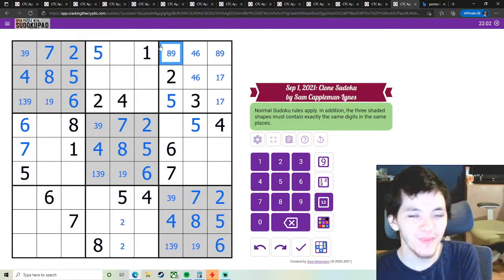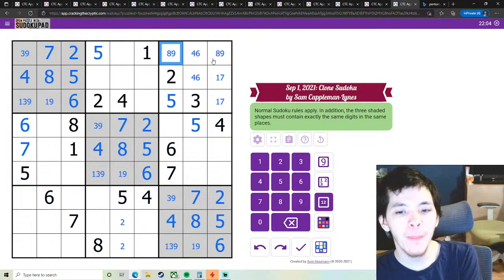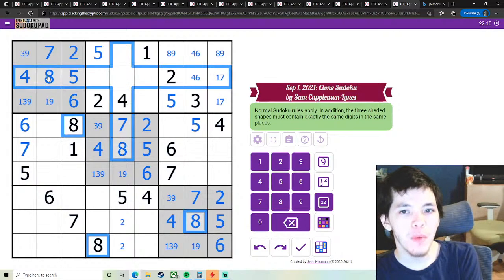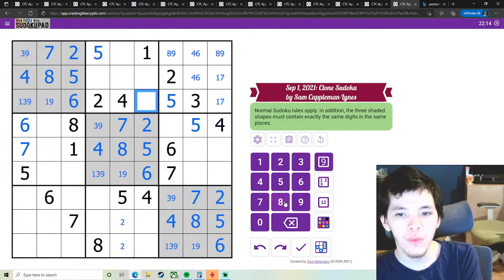It's pretty cool. And for now, that's not the most helpful. But an 8 goes down here, which is helpful.